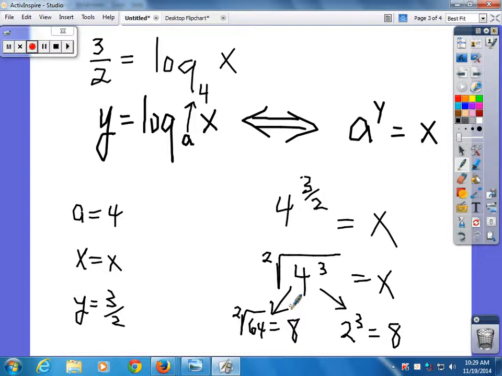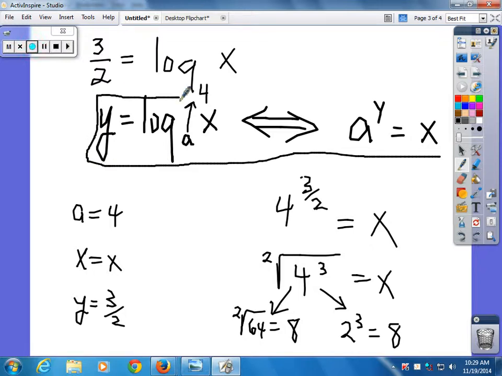Now, the second rule that's important that you need to memorize, that's the definition of a logarithm. This right here. That's the definition of logarithm.